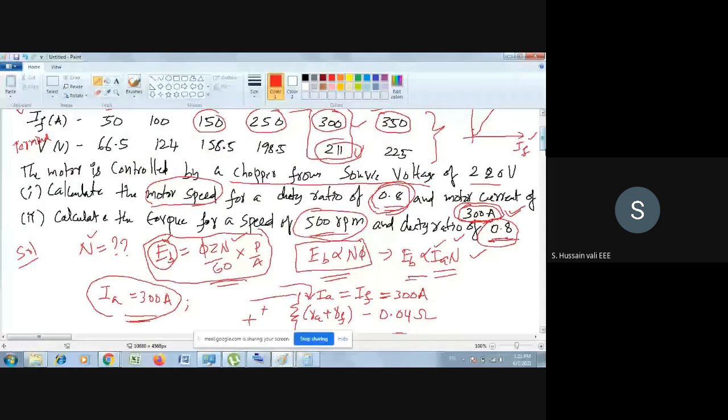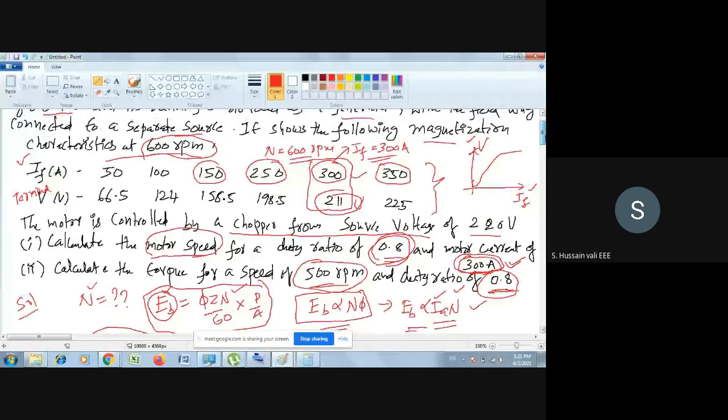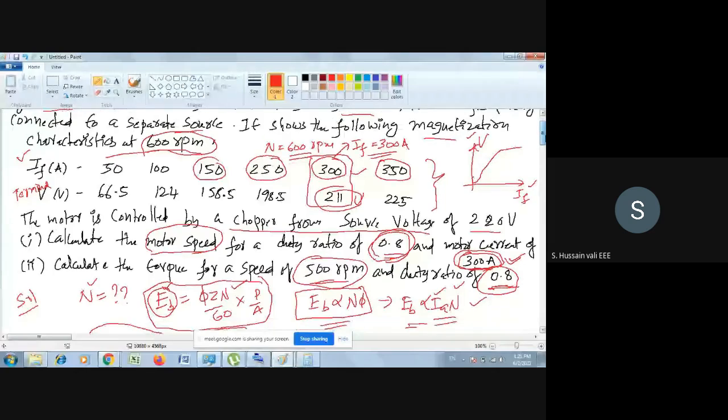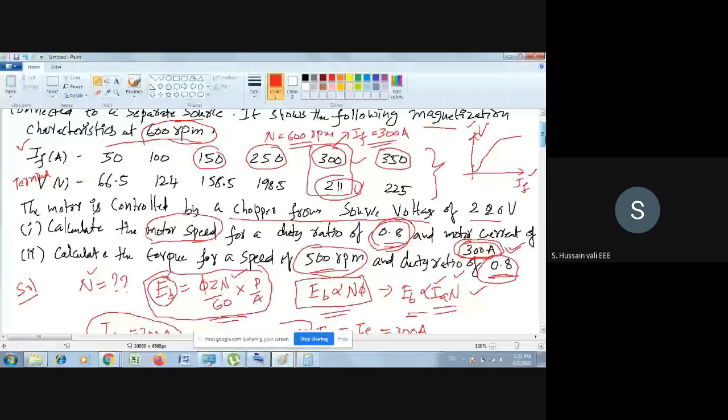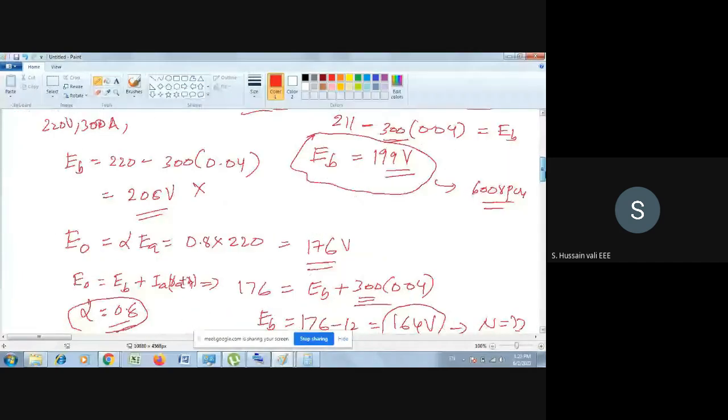So at this speed he is asking for the torque. So at this speed we can find out what EB is. Then in that case we have to find out the current also, because the back EMF depends on the current and also on the speed.